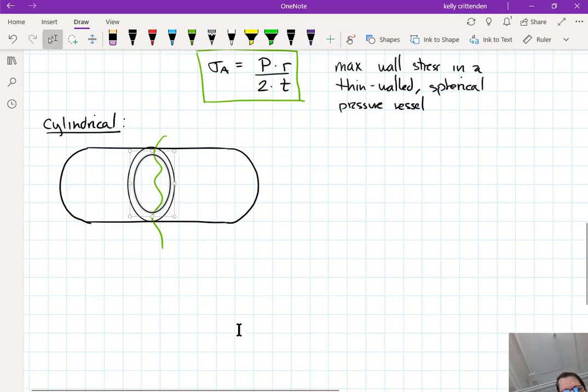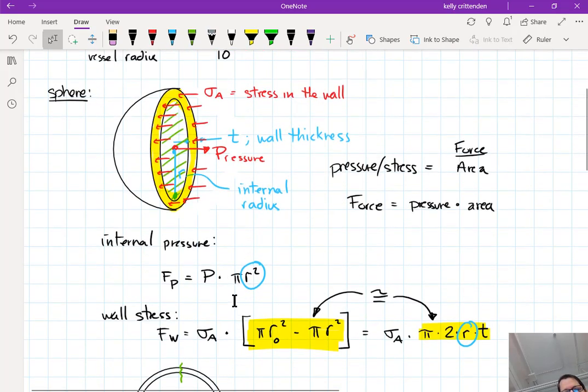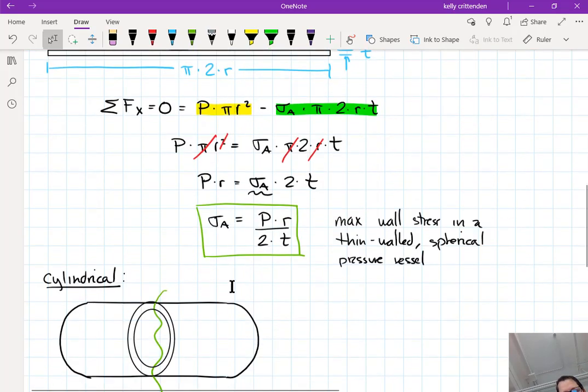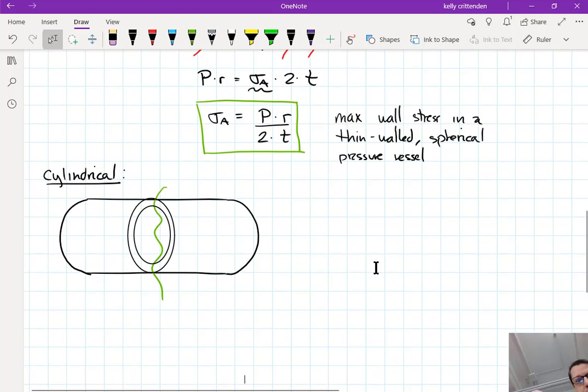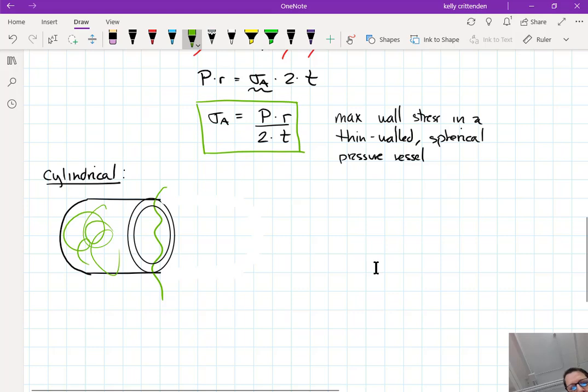We could go through the exact same derivation we just did for the sphere, and it would come out the same. If I cut this part off, it doesn't really matter what's going on over in this area. We're only talking about the internal pressure here and the wall stresses here, and that would look exactly the same.